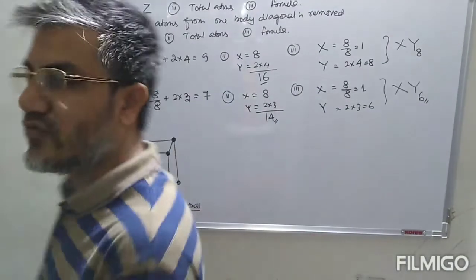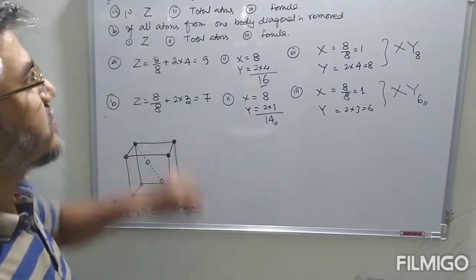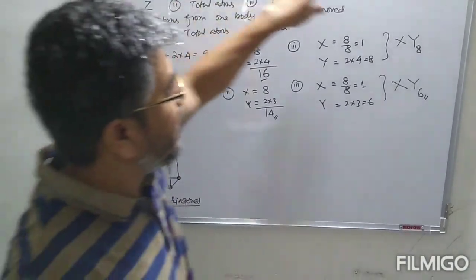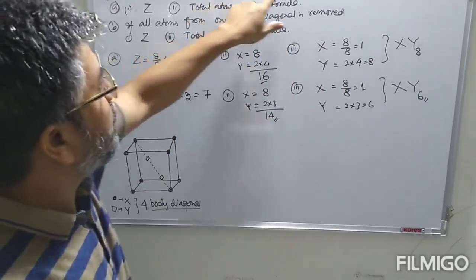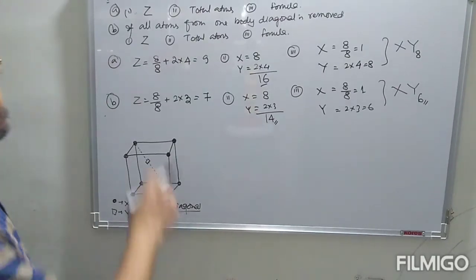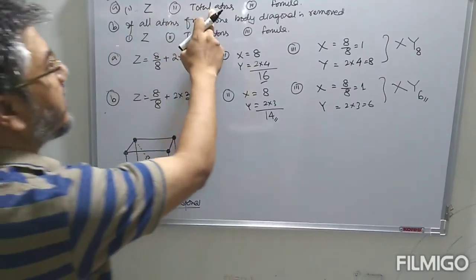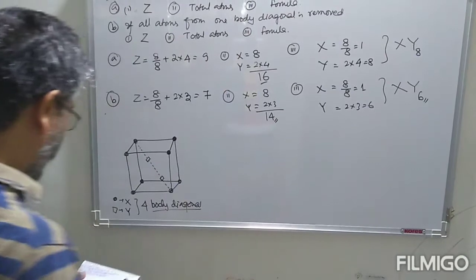So we have a compound formed by X and Y. X occupying corners such that one X is missing from any corner. Y occupies the face centers. A: What is the total number of atoms? What is the formula?